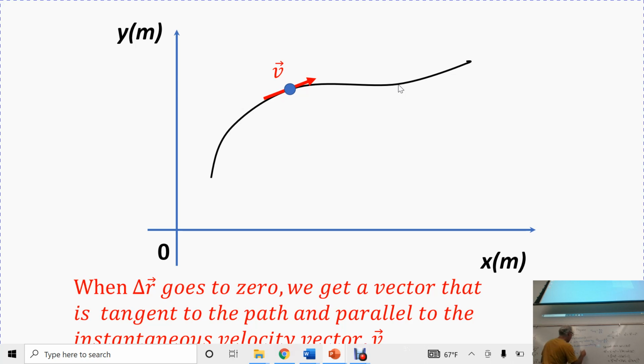It is delta x x-hat plus delta y y-hat, over delta t. Or delta x over delta t x-hat plus delta y over delta t y-hat.